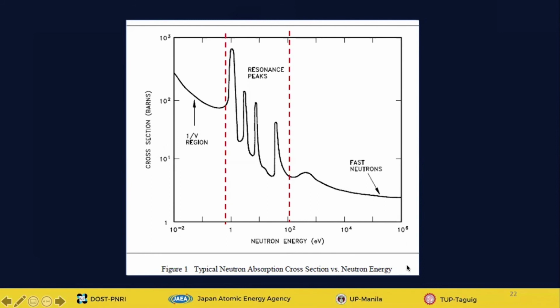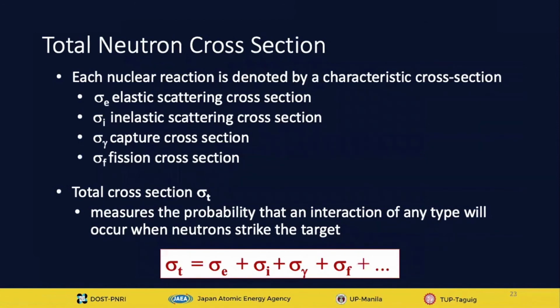As you might have noticed in the examples that we have presented, we use the term total cross-section instead of just cross-section. That is because each nuclear reaction is denoted by a characteristic cross-section. Keep in mind that neutron cross-sections can be specific and differ in value for certain reactions. For instance, the elastic scattering cross-section might be different to the inelastic scattering cross-section, or the fission cross-section, or the capture cross-section of that particular nuclei.